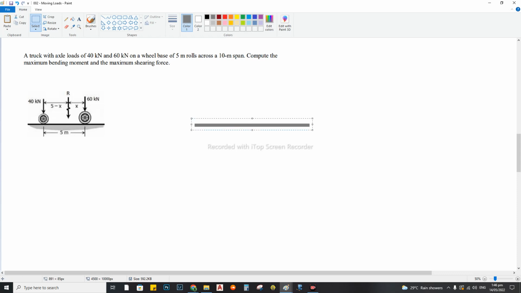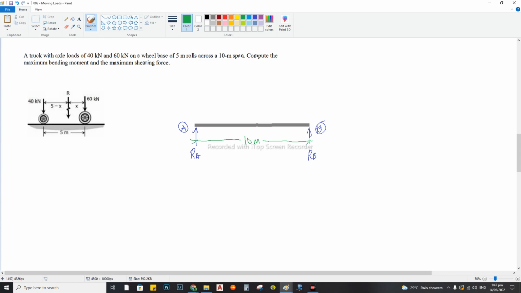Let's say this is the beam, the gray one, and we also have the left and right reactions. I will put reaction A on the left and reaction B on the right. Again, the span of the beam is 10 meters.